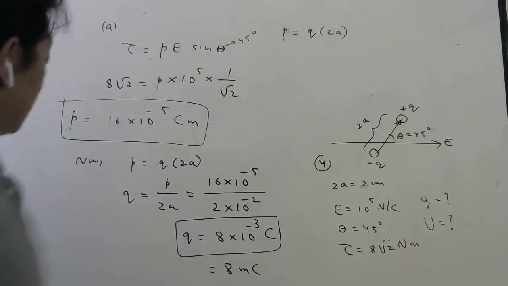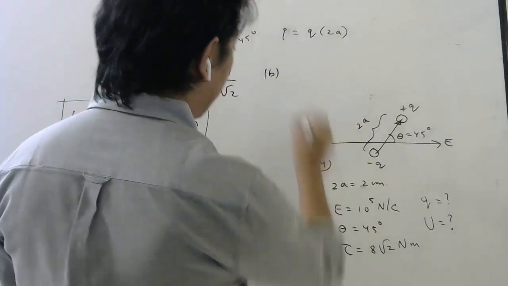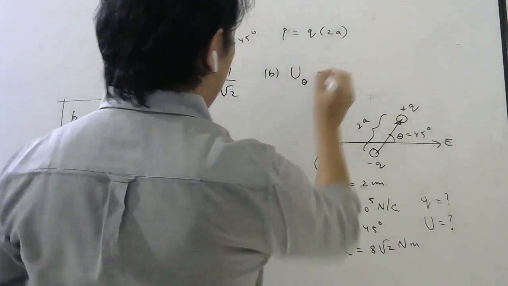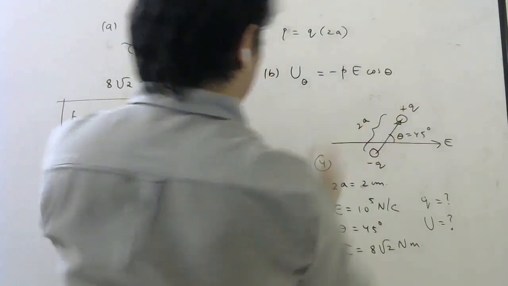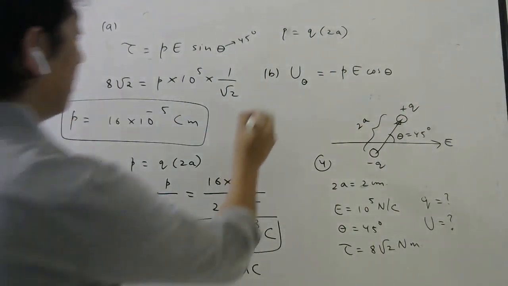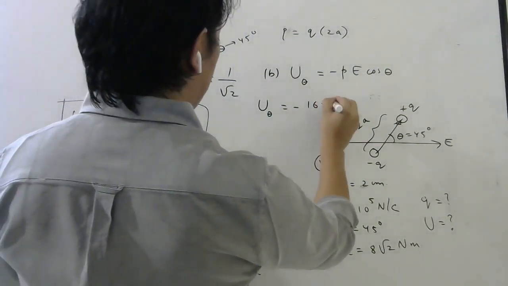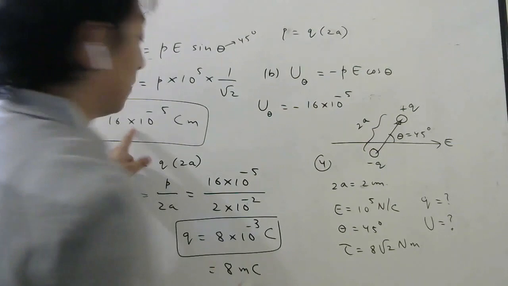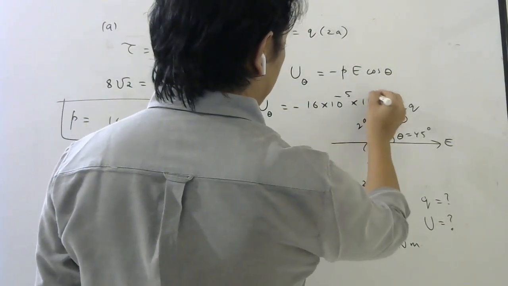Okay, students. Second part was to find potential energy at that angle. Potential energy at any angle is how much? Minus PE cos theta, right? Please remember the formulas. So P we found 16 into 10 to the power minus 5 here. Electric field is 10 to the power plus 5.